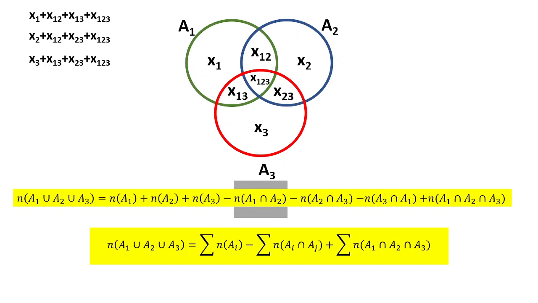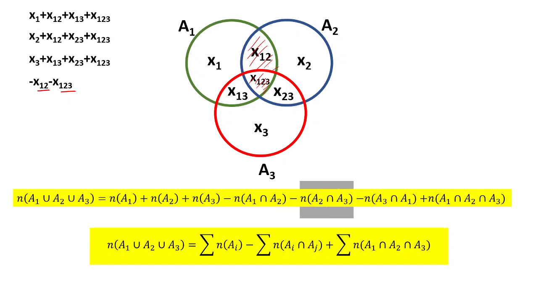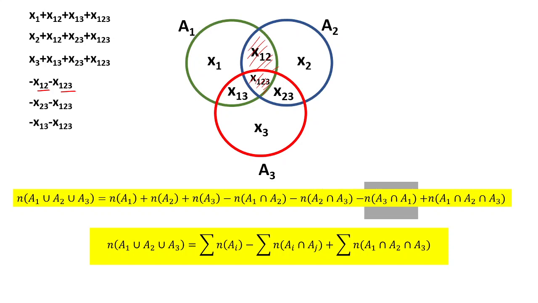When you subtract A1, A2, you are subtracting all the x's with 1 and 2 in them. So you subtract 1, 2 and 1, 2, 3, right? This you can figure out from the diagram also. When you are subtracting the intersection of A2 and A3, you are subtracting this term and that term.